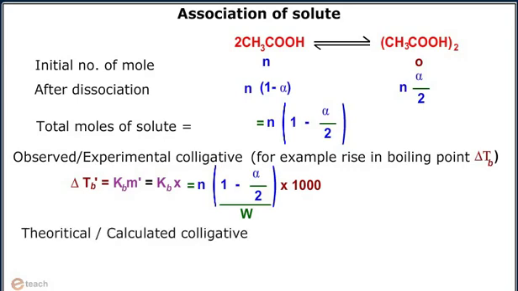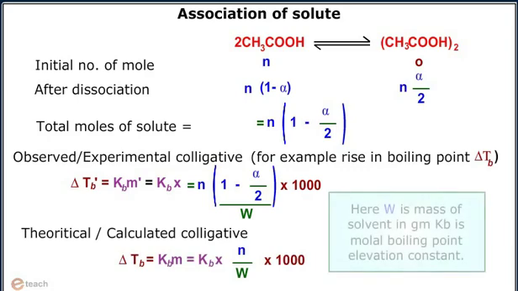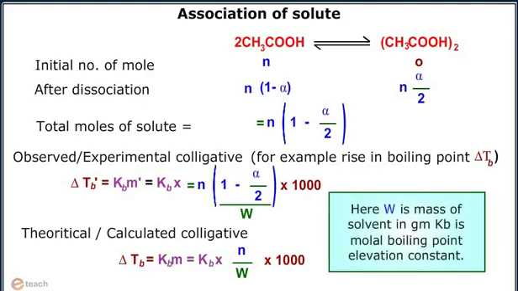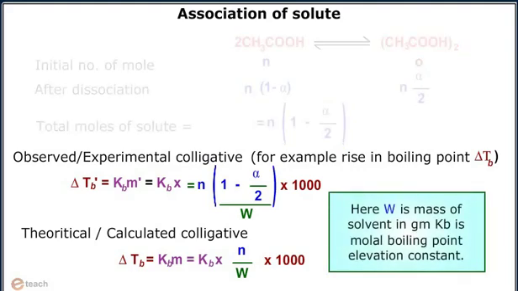Theoretical or calculated delta Tb equals Kb into m equals Kb into n by W into 1000. Here W is the mass of solvent in grams and Kb is the molal boiling point elevation constant.